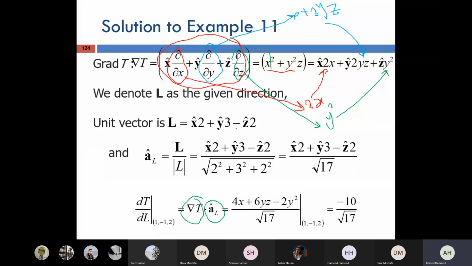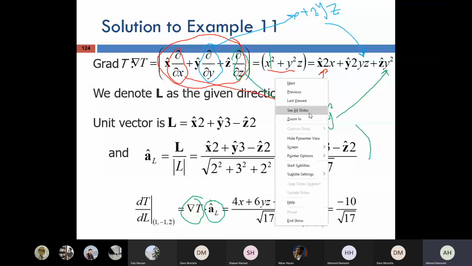So you have L divided by the magnitude of L, which is root of 2 squared plus 3 squared plus 2 squared. So you will get this unit vector. Then once you find the unit vector, you multiply both. So let's multiply both. What will happen?